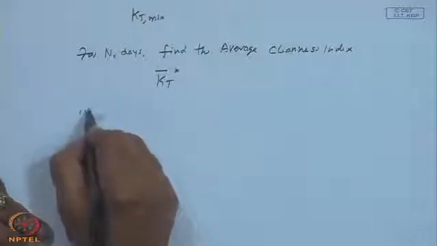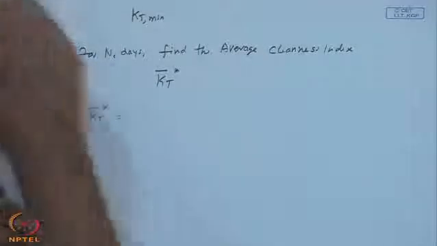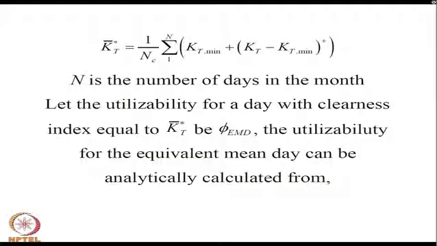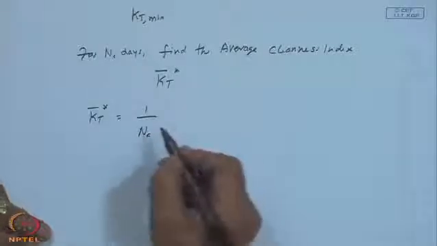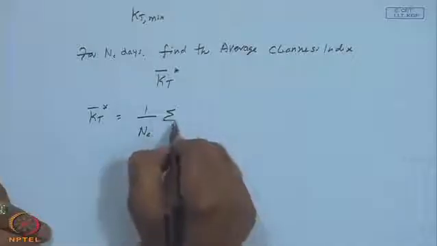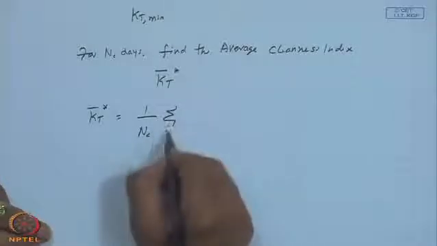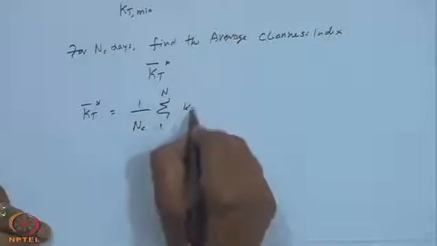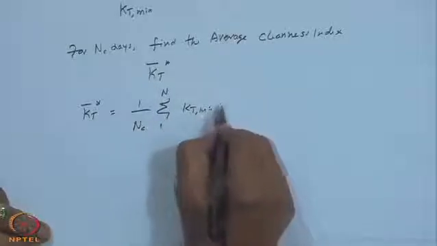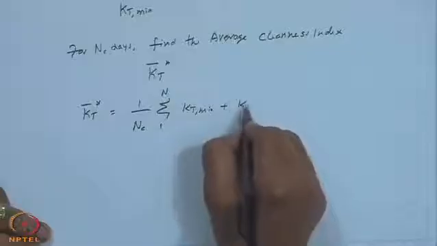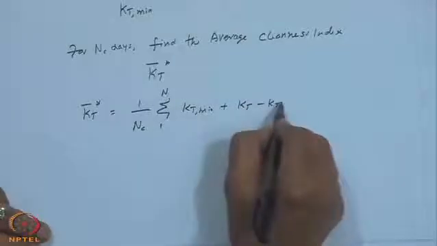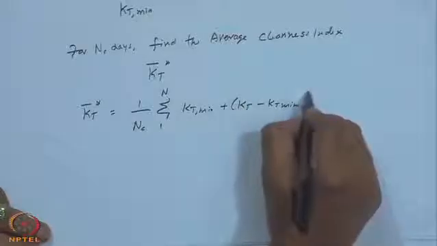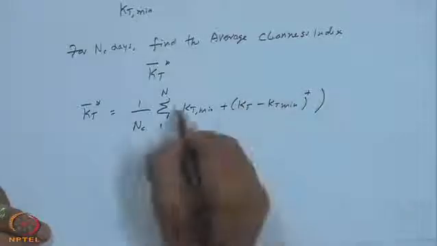So, KT bar star is equal to 1 upon the number of days above which the clearness index is above KT minimum, summed over all the days 1 to n of KT minimum plus (KT minus KT minimum) superscript plus, whole thing.